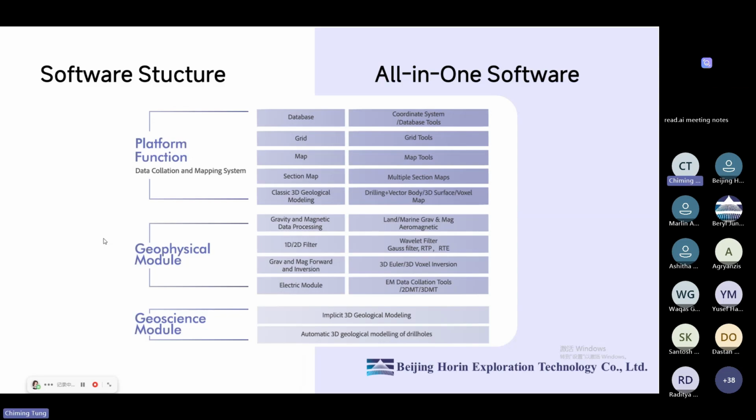For example, there's a gravity and magnetic data processing model, 2D and 1D filter, and inversion model, both gravity and magnetic inversion, and electromagnetic model, and 3D Euler inversion, and EM data collecting tools. Lots of tools here, and we also have marine gravity and magnetic models here. And in the geoscience model part, we have implicit geological modeling and the drill hole modeling models.